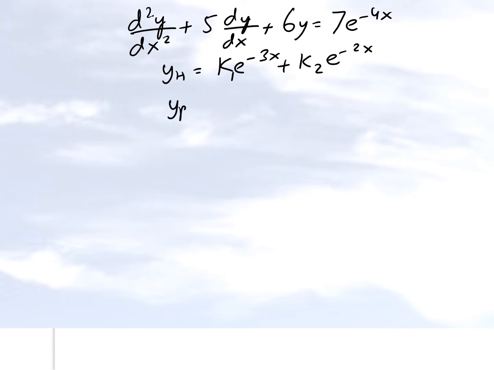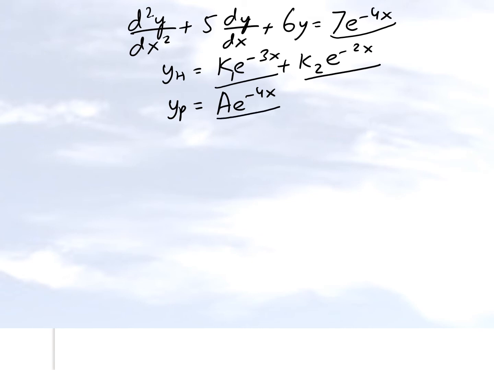Let's look at what the particular part will be. The particular part will be the forcing function and all its possible derivatives. All possible derivatives of e to the power ax are just e to the power ax. So we're going to get a e to the power minus 4x as our form of the solution, and it is not in conflict with any part of the homogeneous part of the solution, so we are okay there.